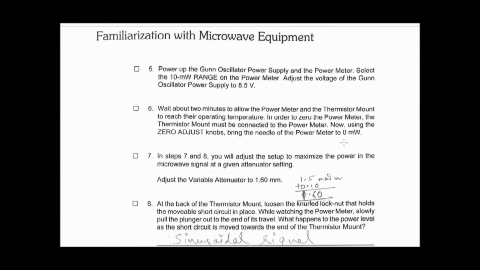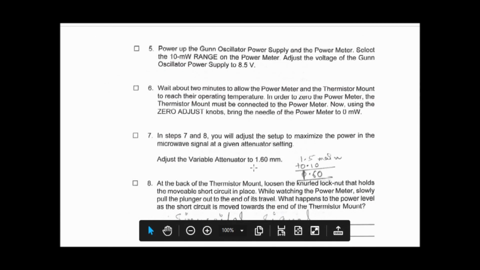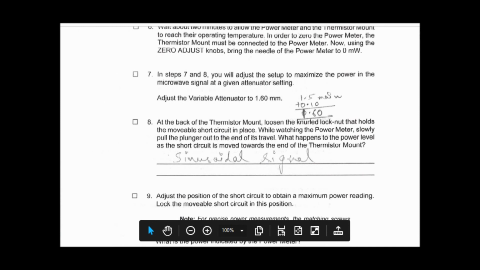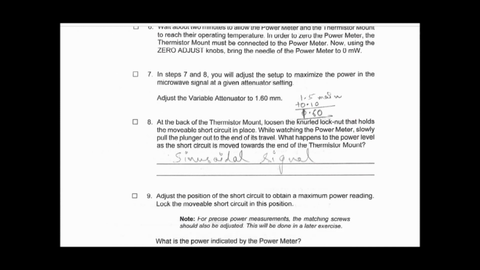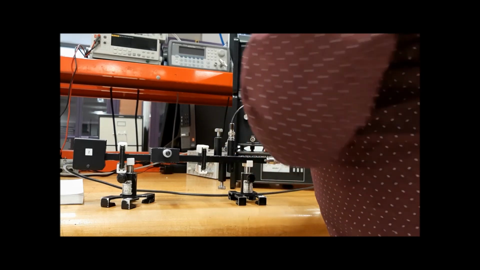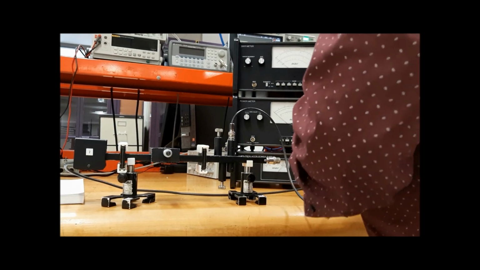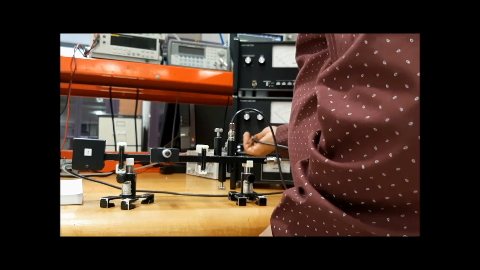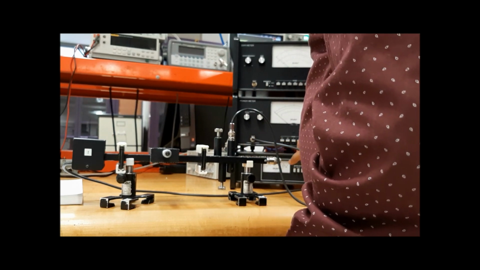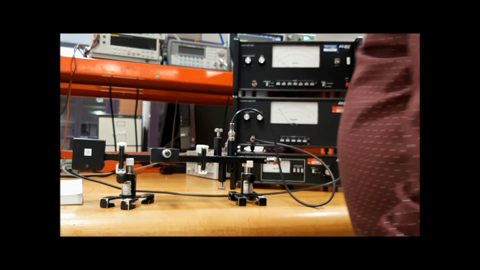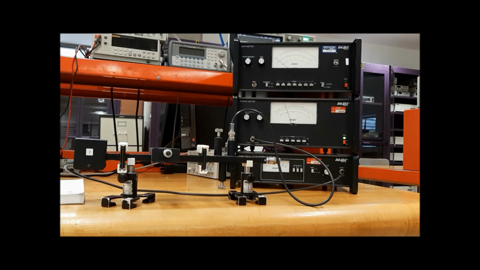So now we have to connect the thermistor with the power meter so that we can measure the power produced by the GAN oscillator, the microwave power.